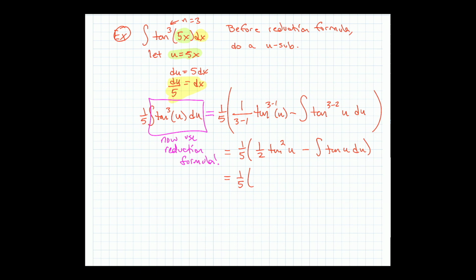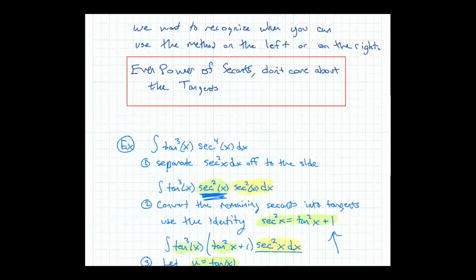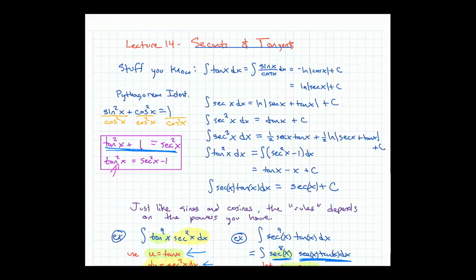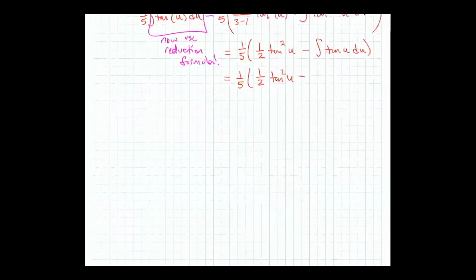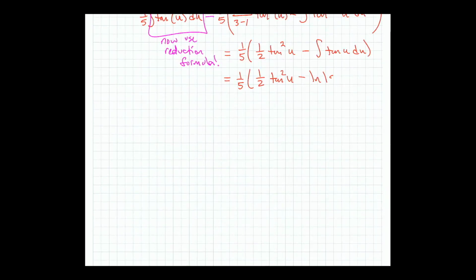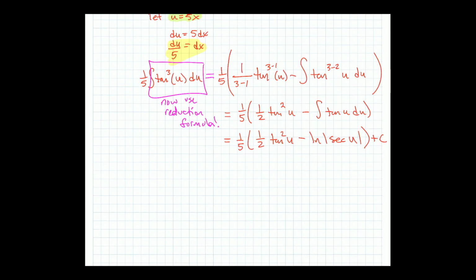Well, I'm not going to change anything back to x yet. We need to integrate tangent u du. Well, we have that written down somewhere near the top. The integral of tangent x dx is ln absolute value secant x plus c. So we have ln absolute value secant u. All right. At this point, you can substitute in what u was.